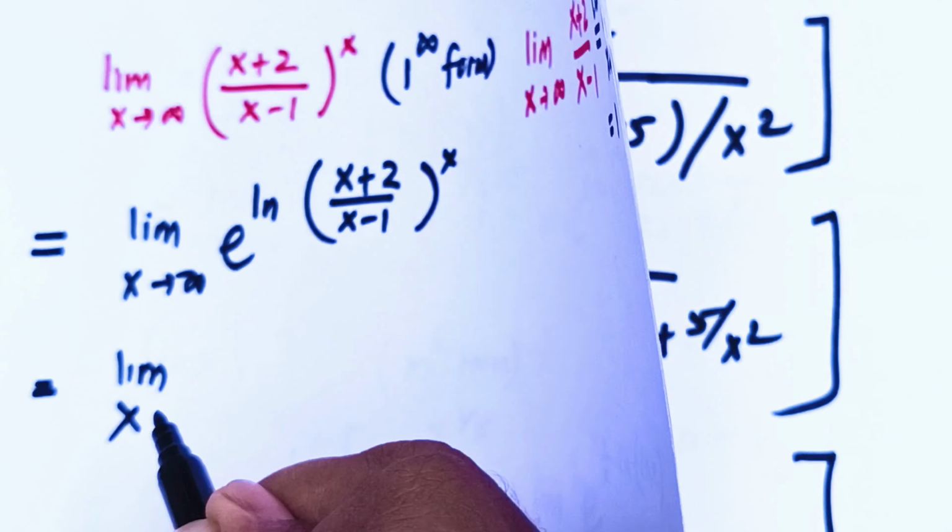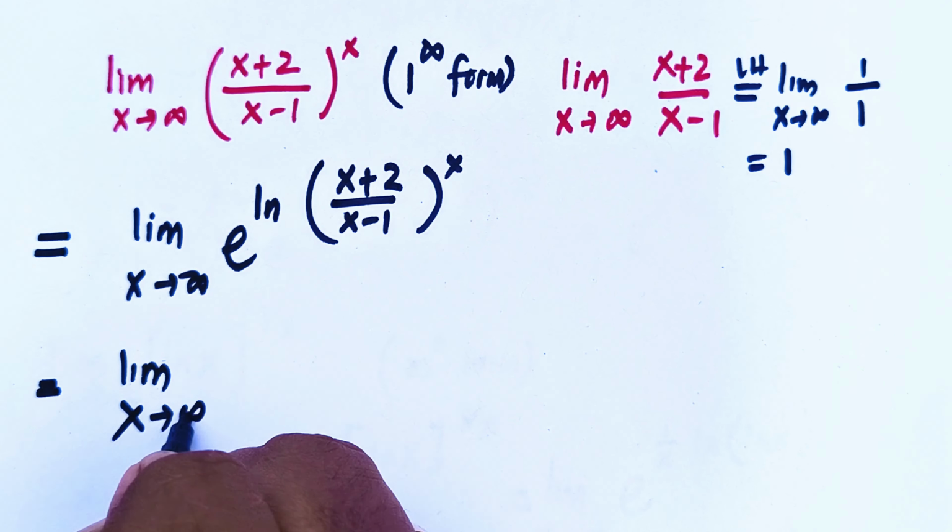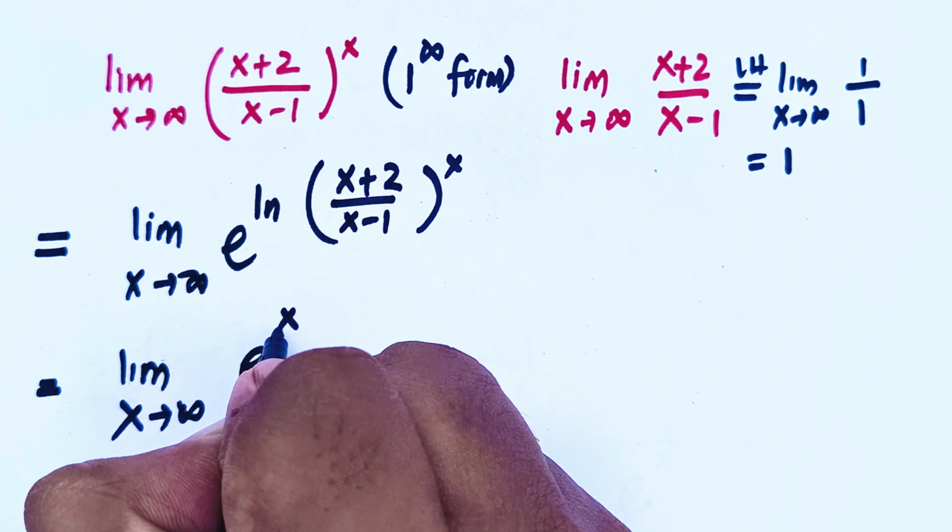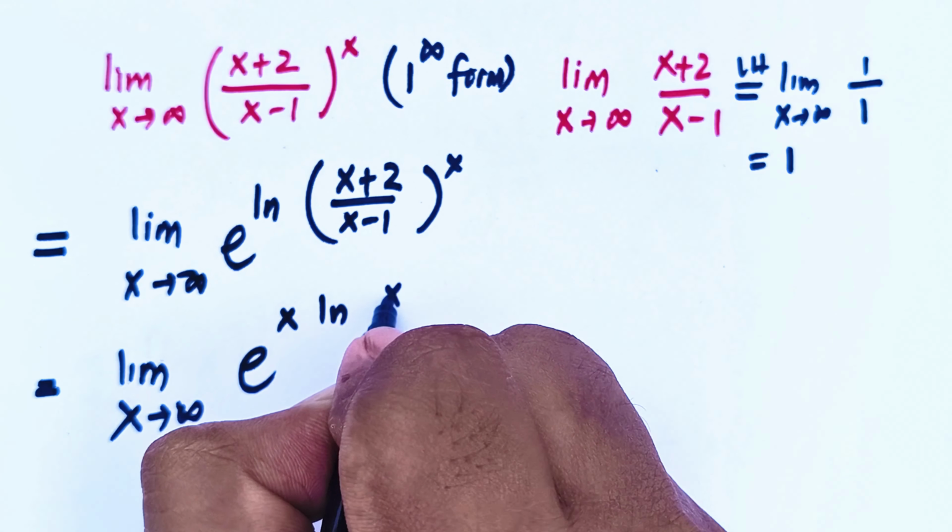It becomes limit x goes to infinity, e to the power x times ln of x plus 2 over x minus 1. Next step is to send x to the bottom by making its reciprocal. We have e, ln of x plus 2 over x minus 1, whole divided by 1 over x.